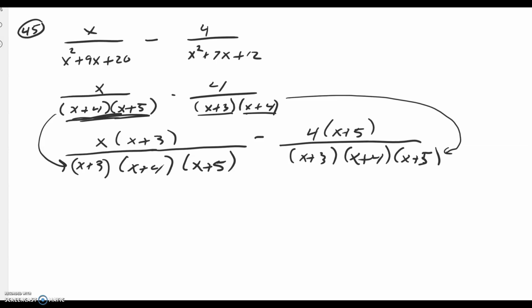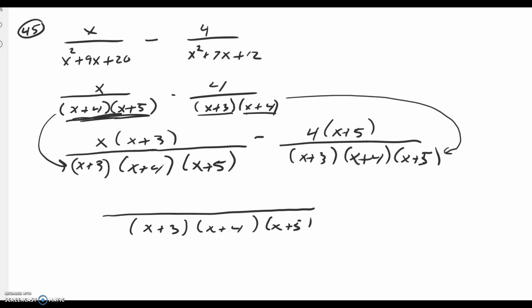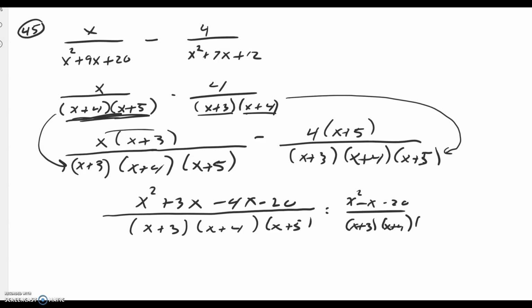And so we have these 2 numerators. Distributing here, we get x squared plus 3x. And distributing here, we get minus 4x minus 20. And that equals x squared minus x minus 20 over all 3 of these little binomials.